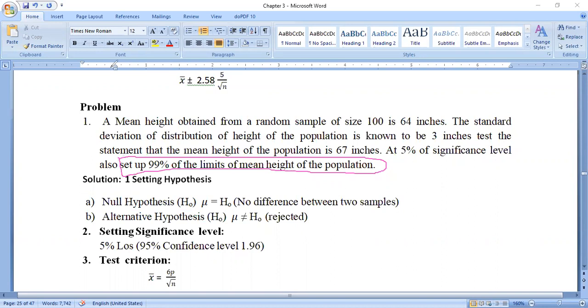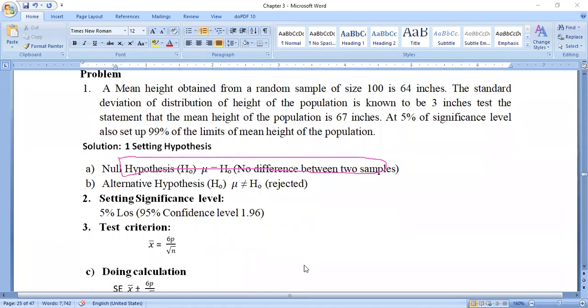Here, the 5 steps we are going to apply, as in the first method. The first one is setting hypothesis. Null hypothesis H naught: mu is equal to mu naught.